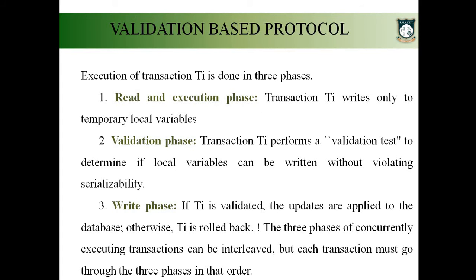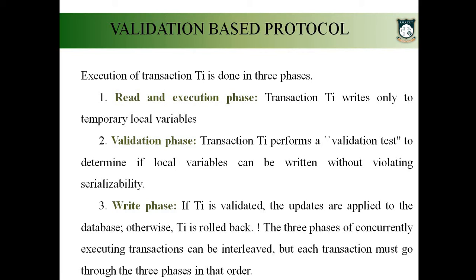Okay, fine. So the next and the last concurrency control protocol is validation based protocol. So far we have learned about locking protocol and also timestamp based protocol. Next one is validation based protocol.